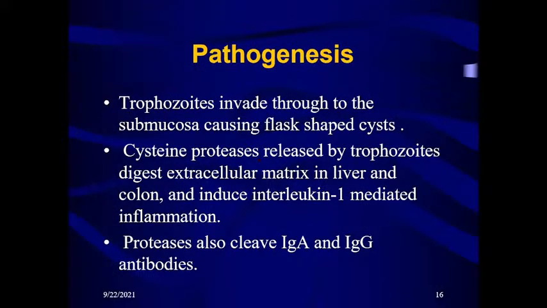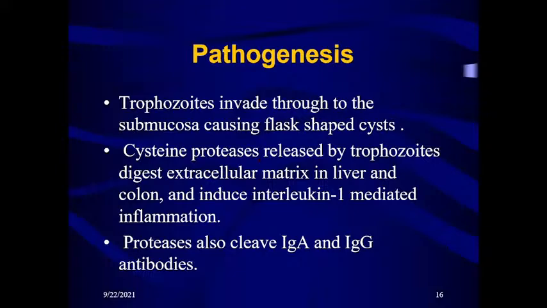Trophozoites invade through the submucosa, causing flask-shaped ulcers, the flasks we use in the lab. Cysteine proteases released by the trophozoites digest extracellular matrix in the liver and colon and induce interleukin-1 mediated inflammation.